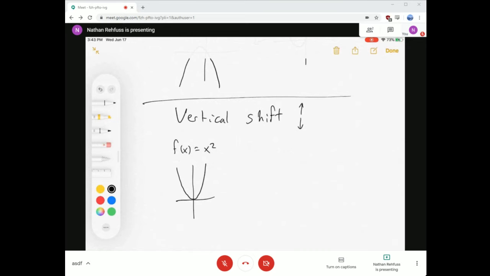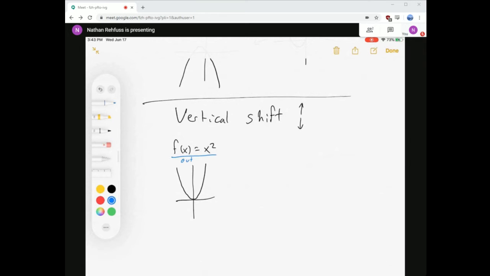We're going to think a lot today about inputs and outputs. So remember, f of x, this whole thing, describes the output, and x right here is your input. So the output is the y-coordinate, and the input is the x-coordinate, right? You put x in, you get y back, and that's how you graph it.